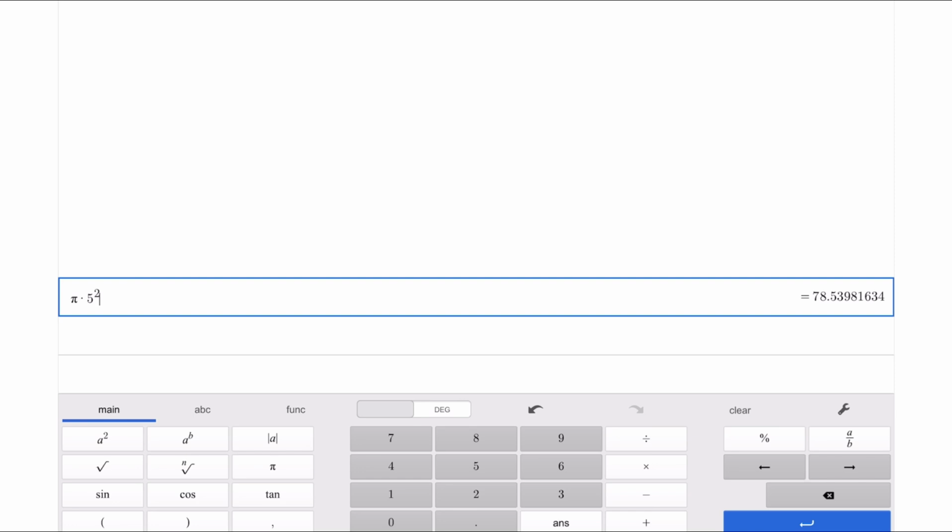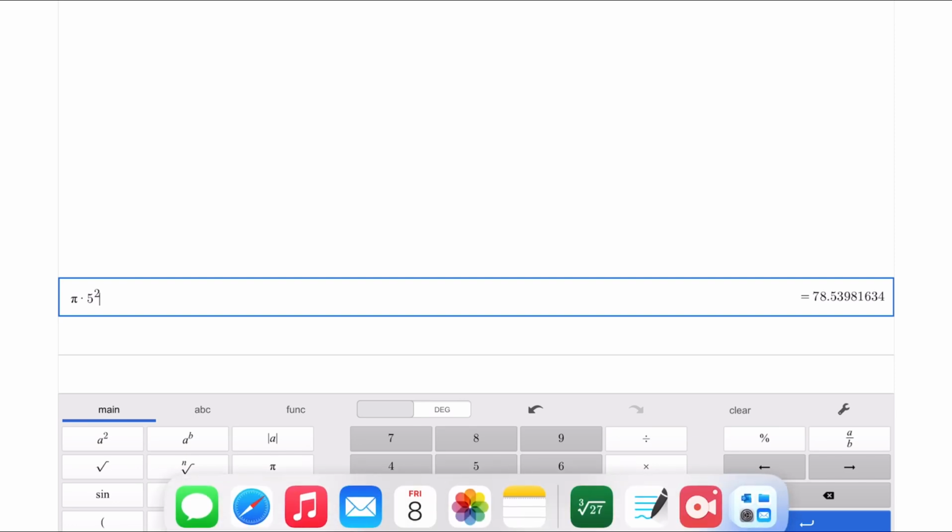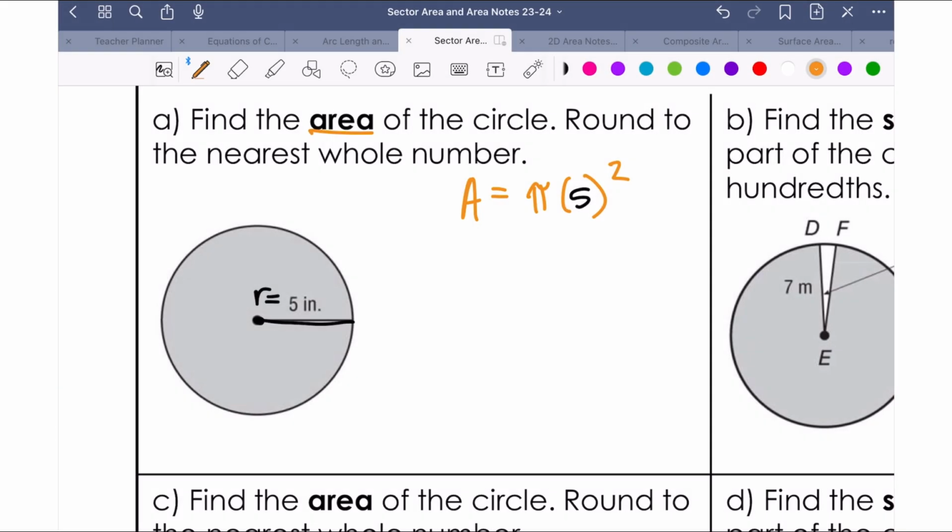I see 78.53, but it says round to the whole number. So 78.5 is going to round up to what number? 79. So your area is equal to 79 inches squared. And that's it.